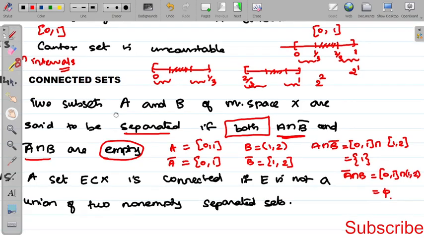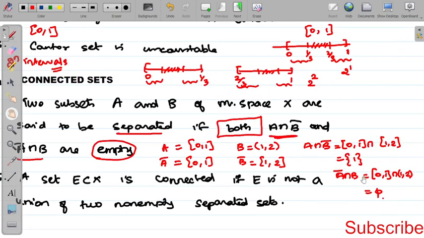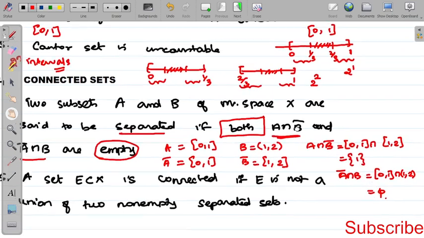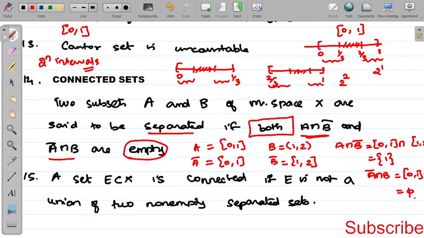According to the separated condition, both should be empty. Here they are not both empty, so these are not separated sets. If it is not separated, then we can say it is connected.